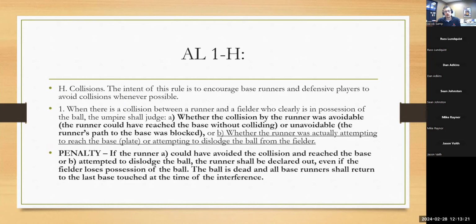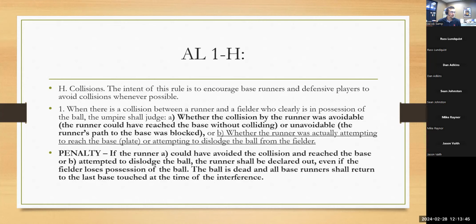Looking to the American Legion rule. I love when they put the intent of the rule in the rule itself: avoid collisions. Not going to read off the slide here, but I've tried to highlight a couple different things.